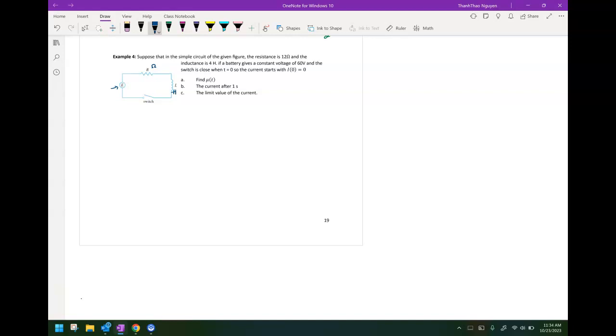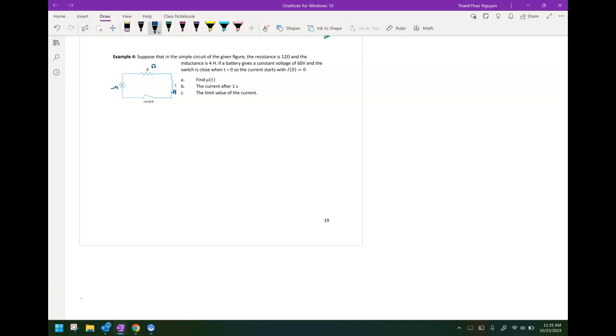Ohm's law gives the drop in voltage due to the resistor as R times I. The voltage drop due to the inductor is L times di dt.